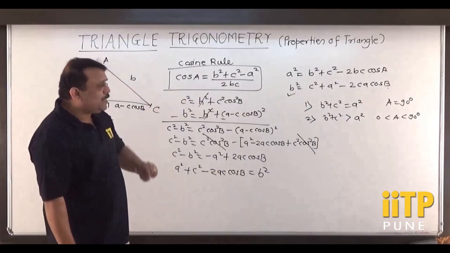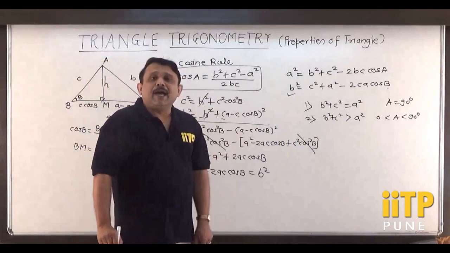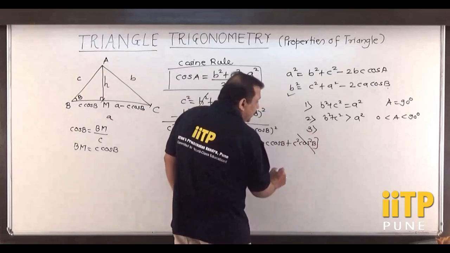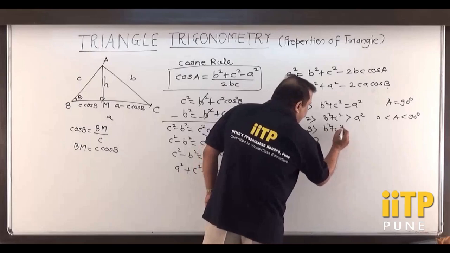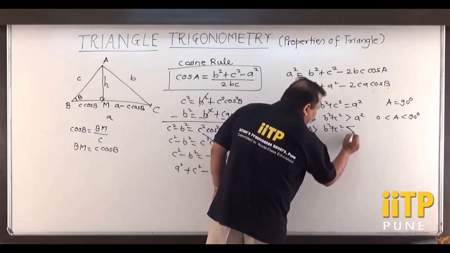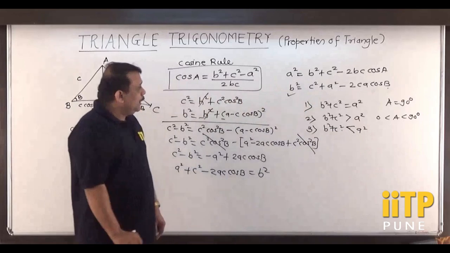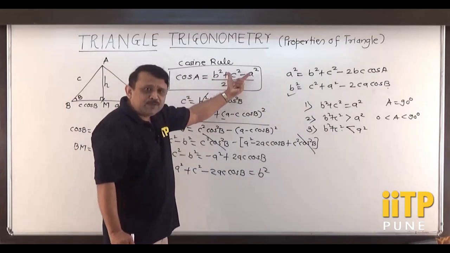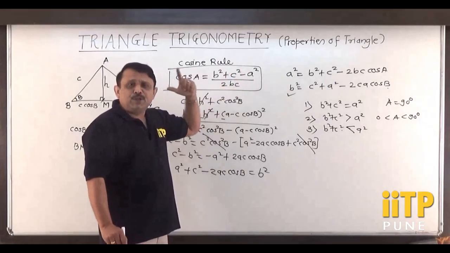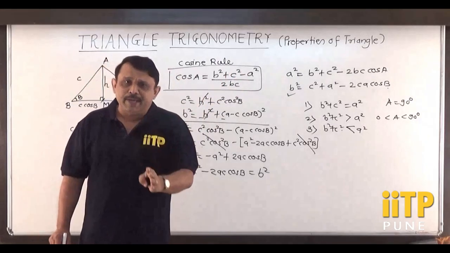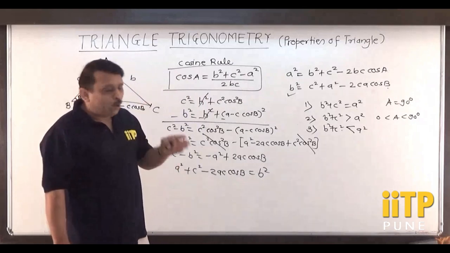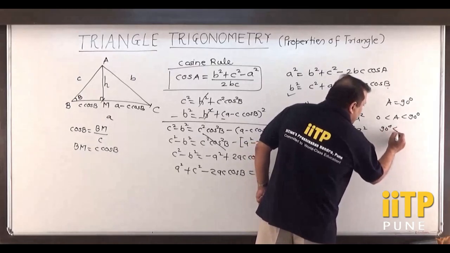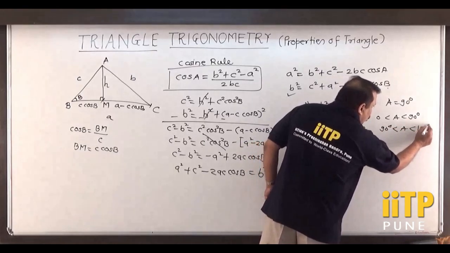So whenever b square plus c square is greater than a square, angle A is acute. Number 3, if b square plus c square is less than a square, this is smaller than this, so the difference is negative. Negative upon some positive quantity is negative, so cos A is negative, therefore A has to be obtuse. So 90 degrees is less than A is less than 180 degrees.